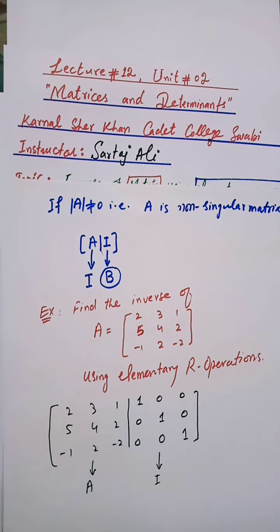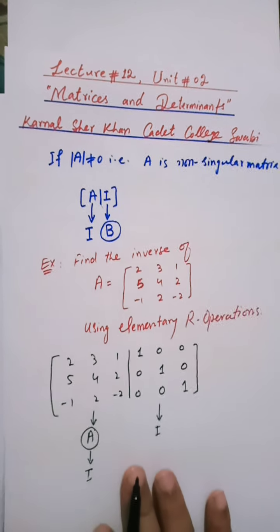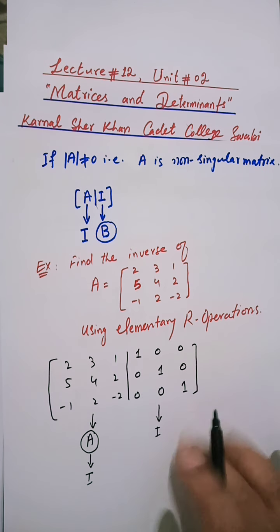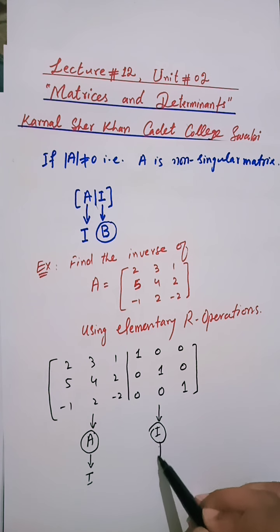Now we will perform successive row operations to convert this A into identity, and on the right side of the bar this identity will be converted to a matrix.